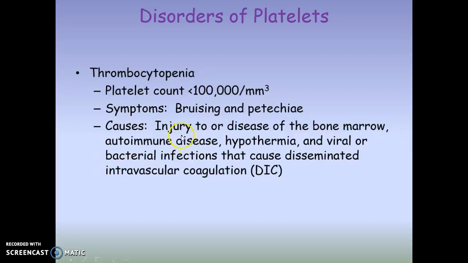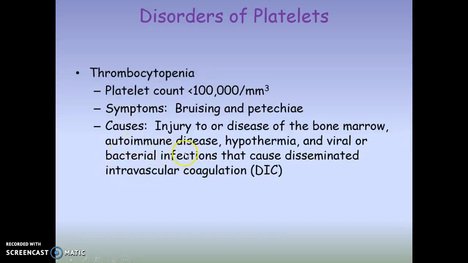So the thrombocytopenia, you have a platelet count of less than 1,000 per millimeter cubed. The symptoms are going to be bruising and petechia. Petechia are the very small hemorrhages you might see on the skin that look a little different than an actual bruise. The causes of this are injury to or disease of the bone marrow.